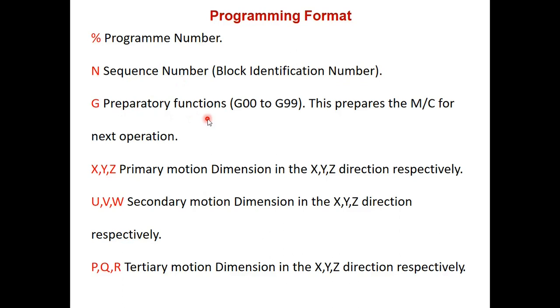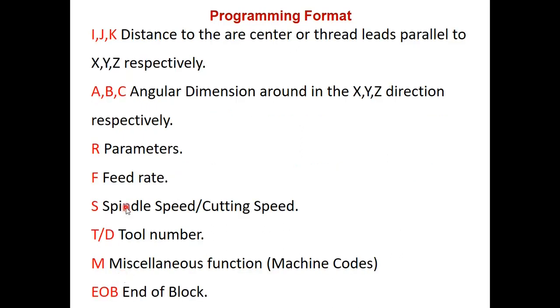G is the preparatory function, then X Y Z or U V W P Q R are all the dimensions with respect to X, Y and Z directions. Similarly, R is a parameter, it may be a radius. F is the feed rate, S is the cutting speed, T or D is the tool number, M is the miscellaneous function, and EOB is the end of the block.